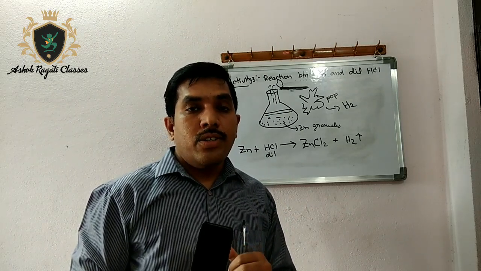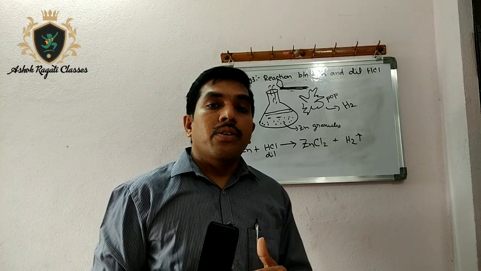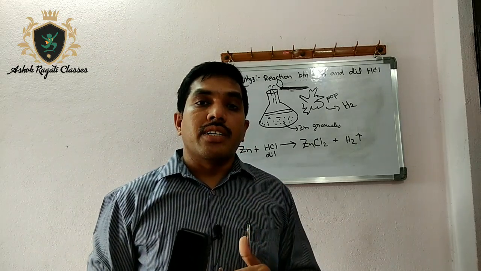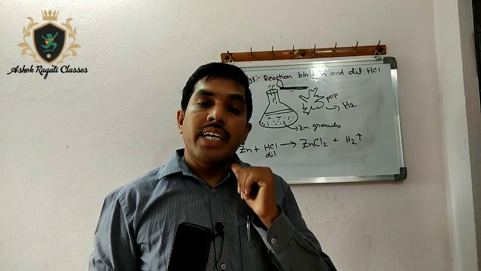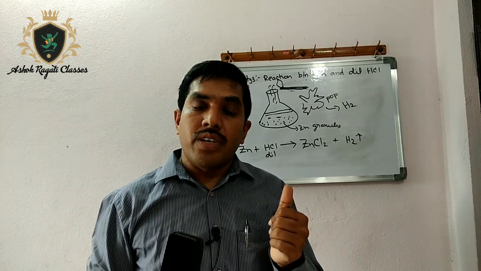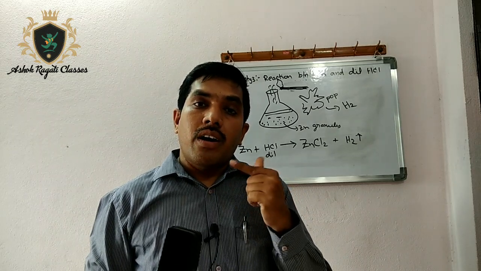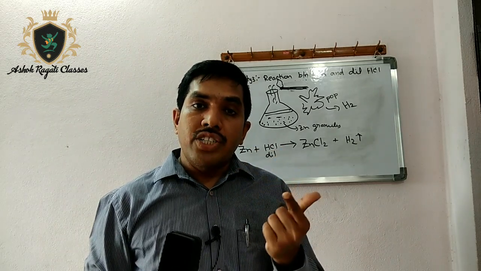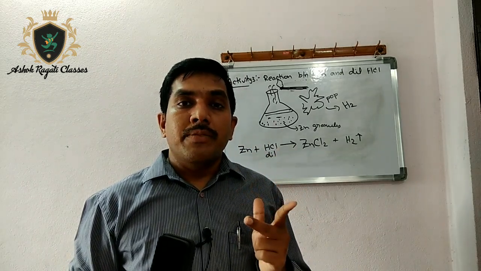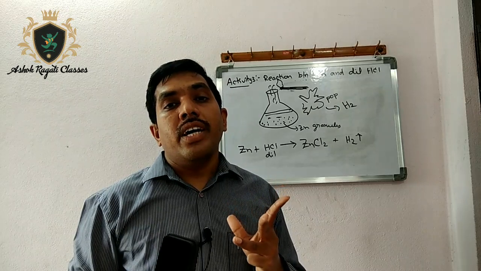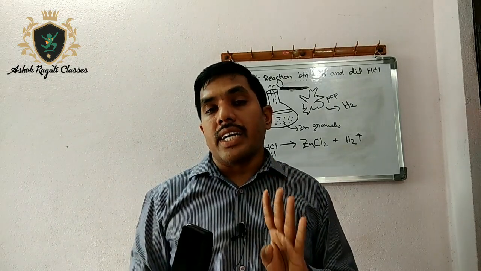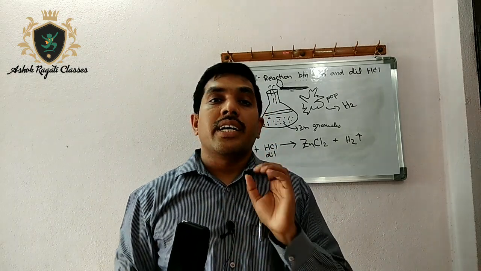Understood or not? So from these three activities we can conclude that in a chemical reaction, by observing whether new substances are formed, first point, or whether it is producing some temperature change, second point, or it is producing precipitate, third, and whether it is evolving any gases, we can say that the change is a chemical change.